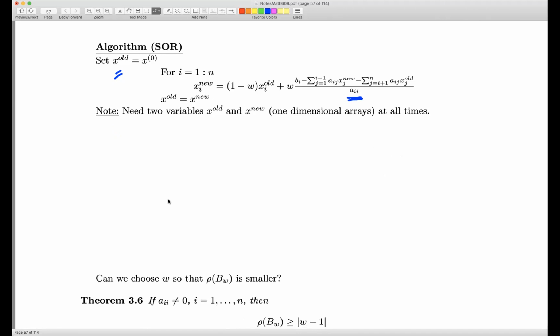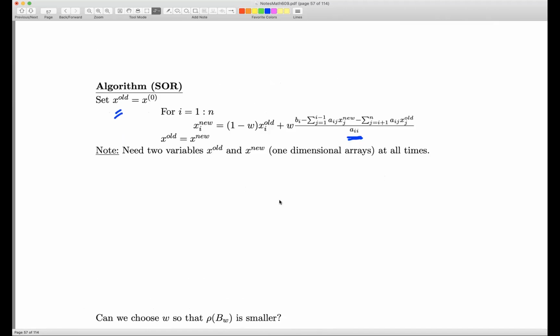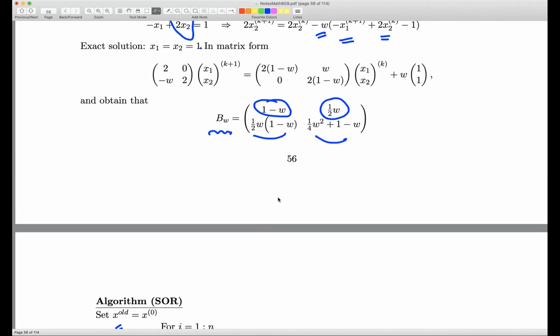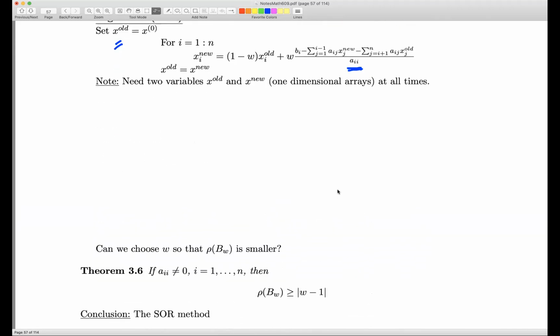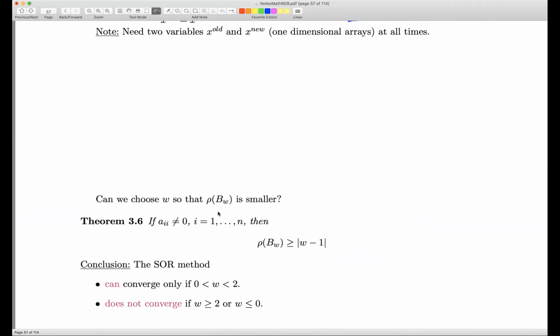Now the question is, can we choose, because you see here that the iteration matrix for the SOR method actually depends on this parameter B and on this parameter omega, and the question is, can we play with this parameter omega so that the spectral radius of this matrix is as small as it can get, because we know that the smaller the spectral radius is, the faster the convergence will be.